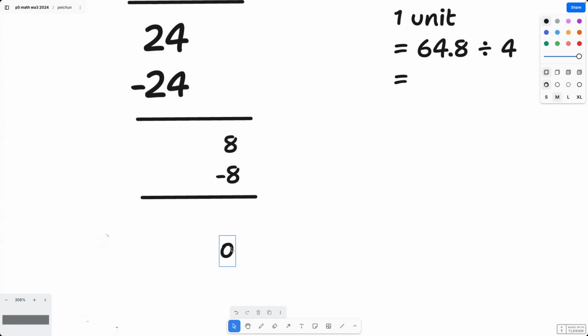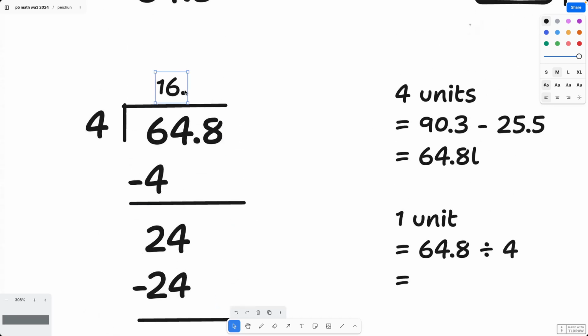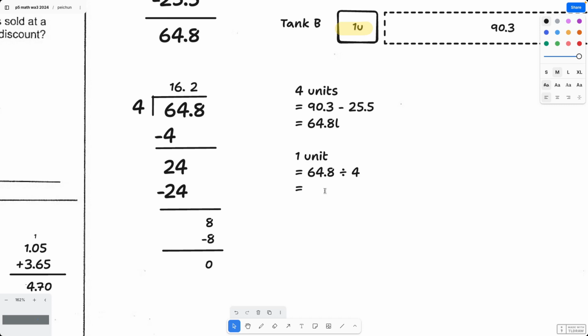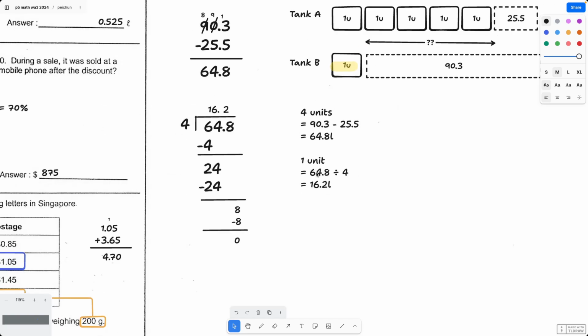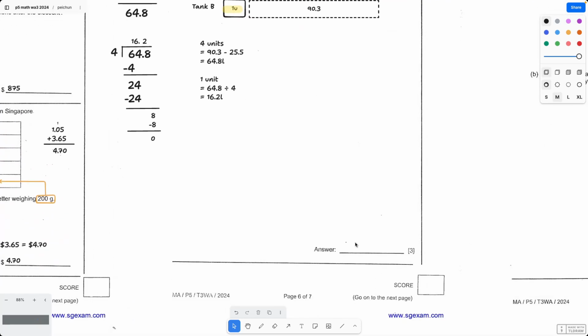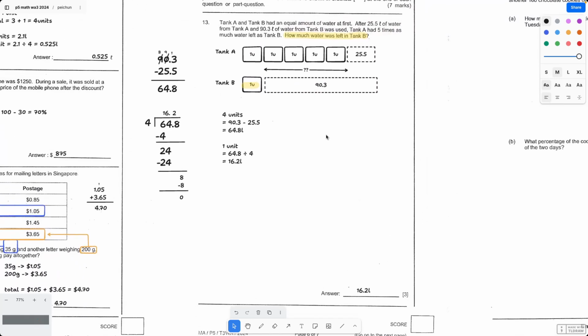Very nice 0. So this will give us 16.2 liters, right? And that's it. So the answer to this is 16.2 liters.